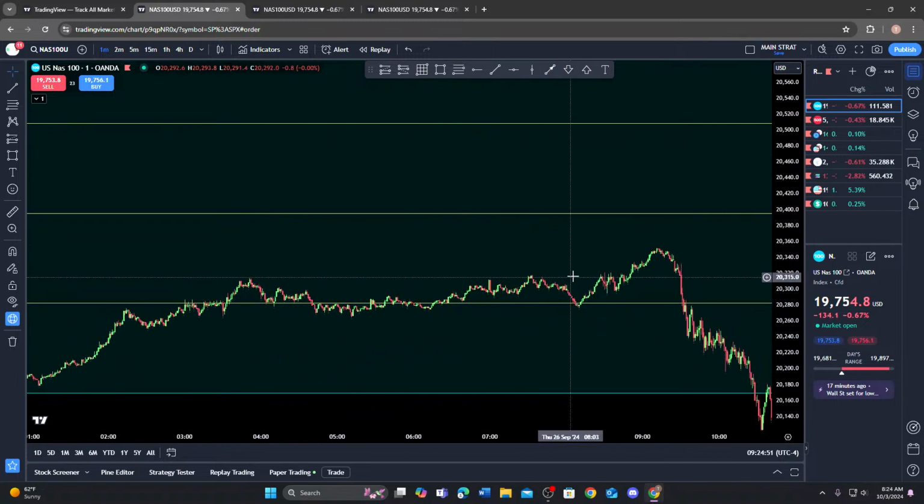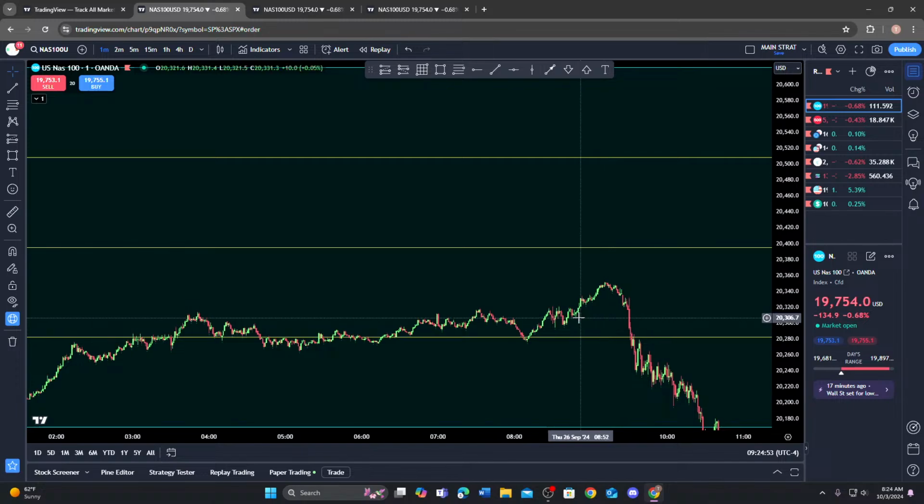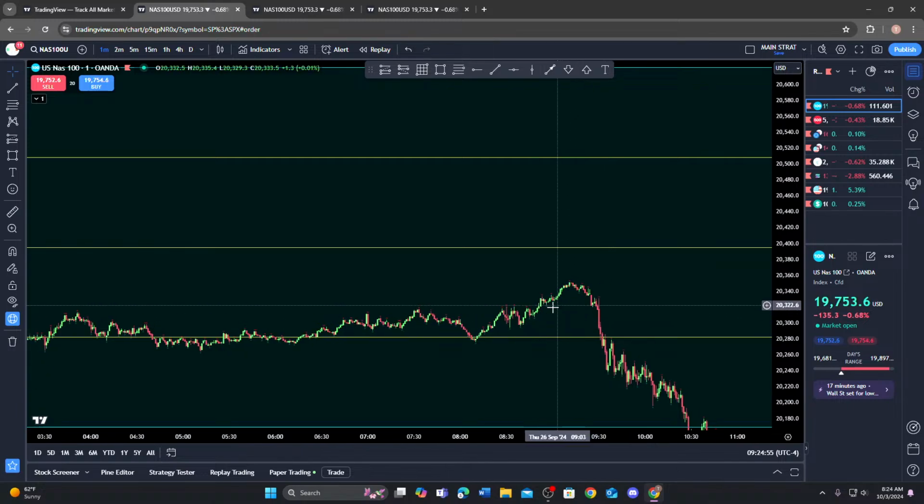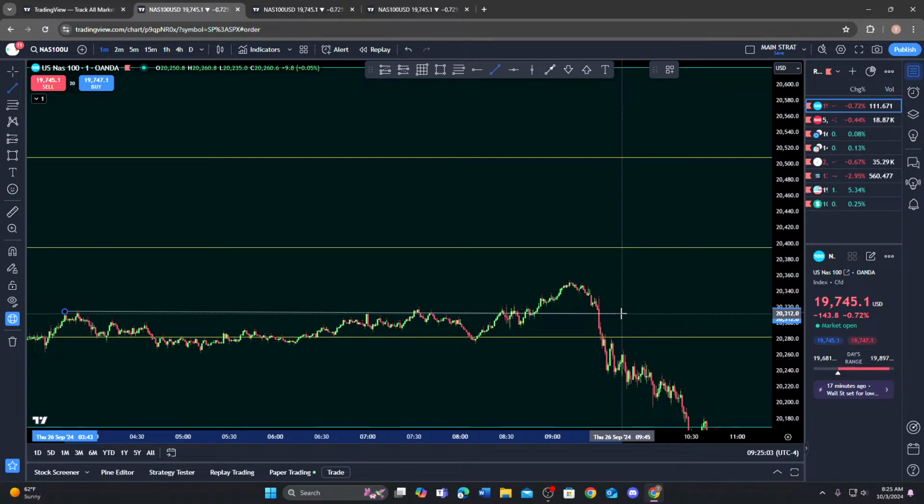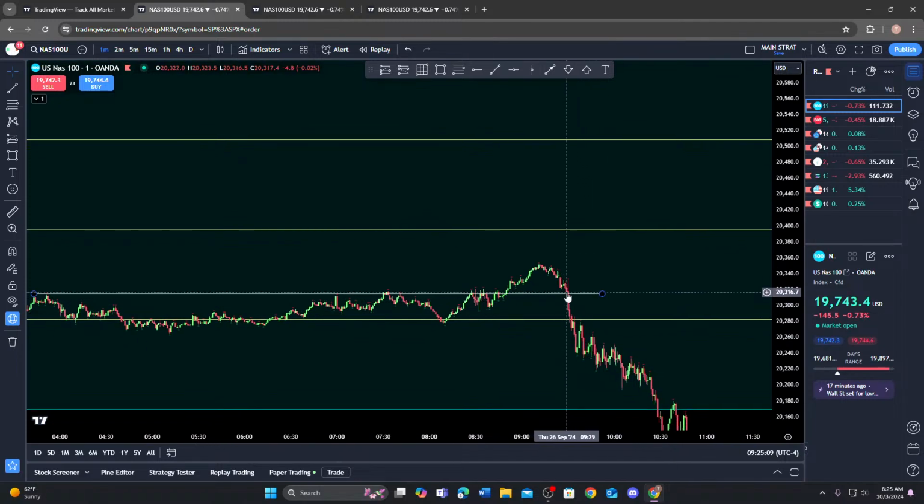Here we moved up, took out liquidity here. And then we formed a fair value gap here.